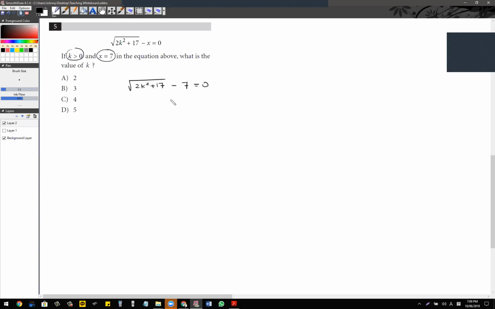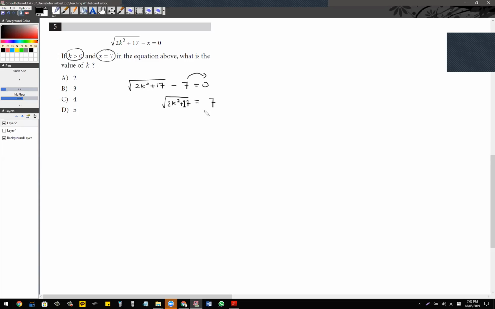So that means whatever this thing is, that must be 7, because 7 minus 7 is 0, right? So you can simply move this 7 to the other side, so you get positive 7 equals the root of that, okay?